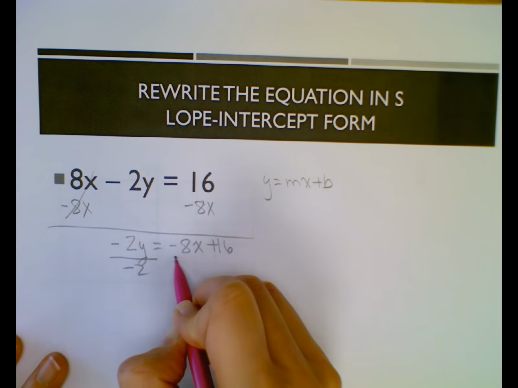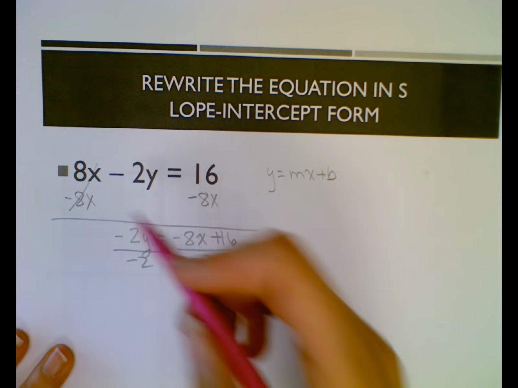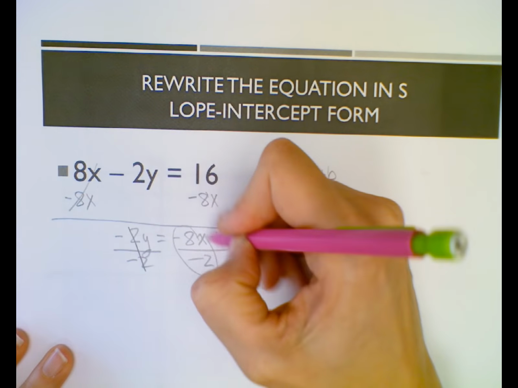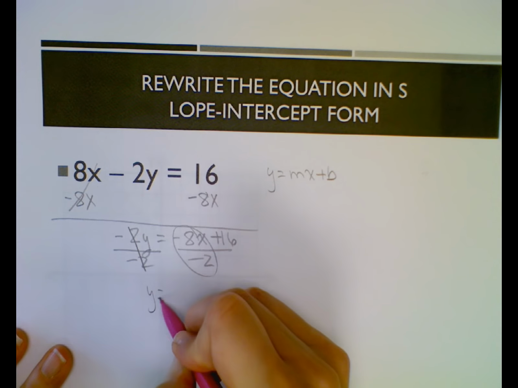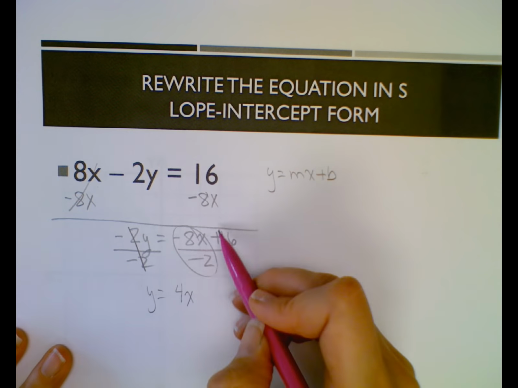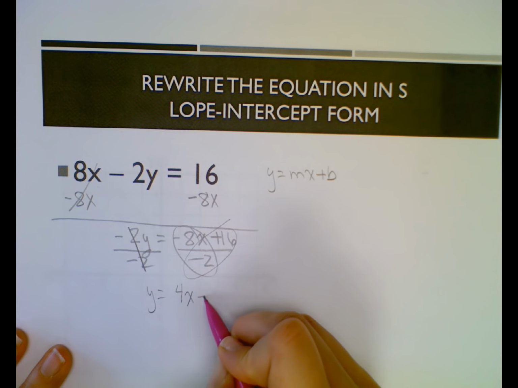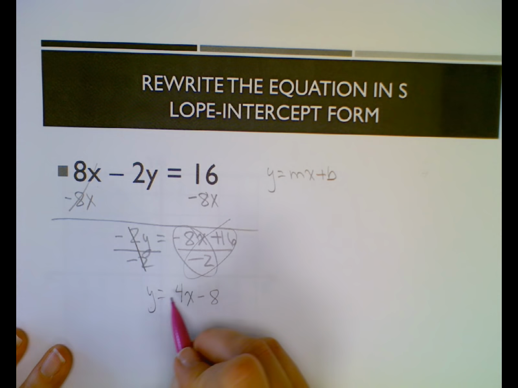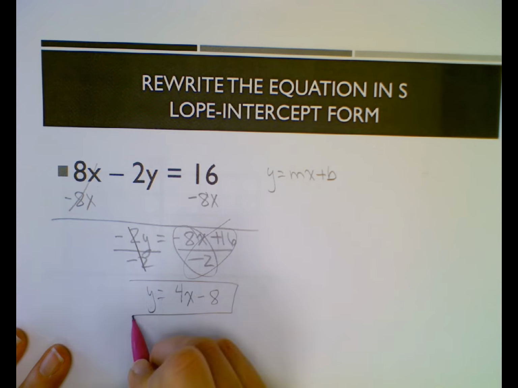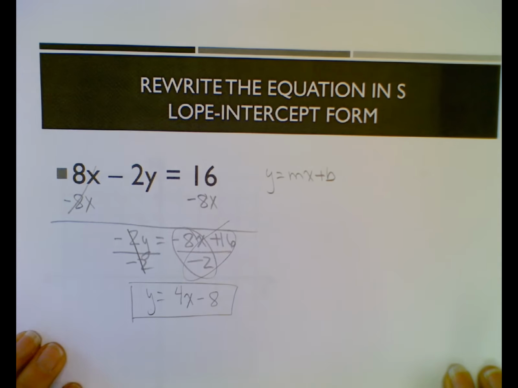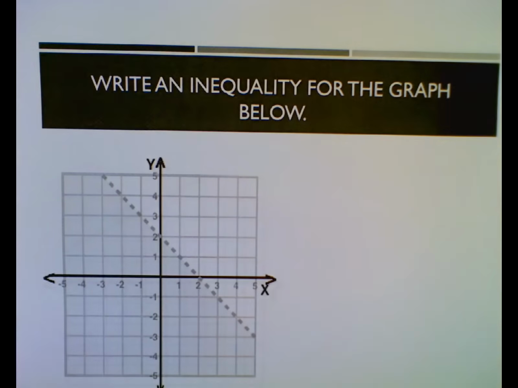Divide both sides by negative 2. Negative 8 over negative 2 is positive 4. 16 over negative 2 is minus 8. Y equals mx plus b. Slope-intercept. It's always good when you finish to double check and make sure you have it in the right form.